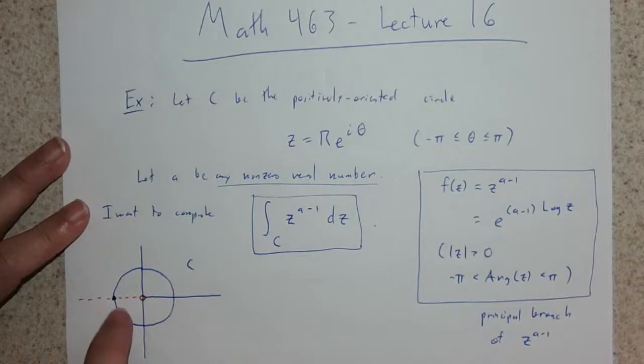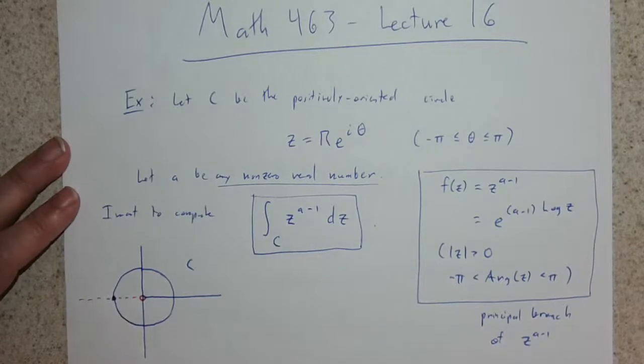None of these other points are an issue, but if I'm wanting to integrate along this whole contour, I have an issue at this point because this integrand is technically not well defined here. If I wanted it to be well defined there, I'd have to take a different branch, and then of course it wouldn't be well defined somewhere else.